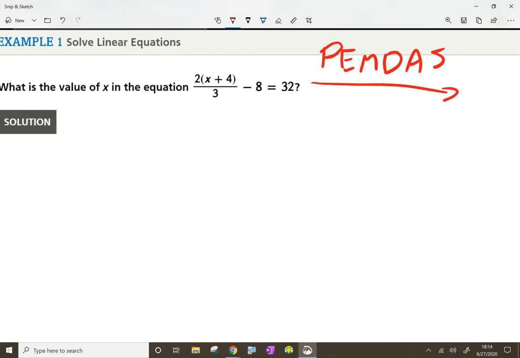You start with the parentheses, then you look for exponents, then you go with the multiplying and dividing, and then the adding and subtracting. But when we are trying to solve an equation like this, because we don't know what x is, we are undoing PEMDAS.